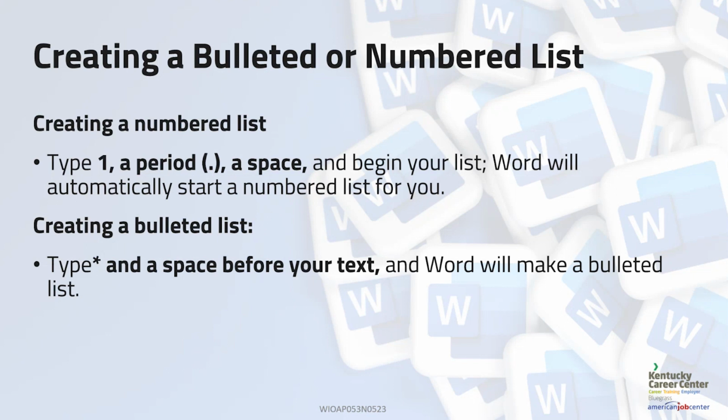You can do the same thing with a bulleted list. If you type the asterisk and a space after it, it'll create a bullet point, and it will continue to create a bullet point in each additional line that you create until you click enter on a blank line, and then it will stop that list.